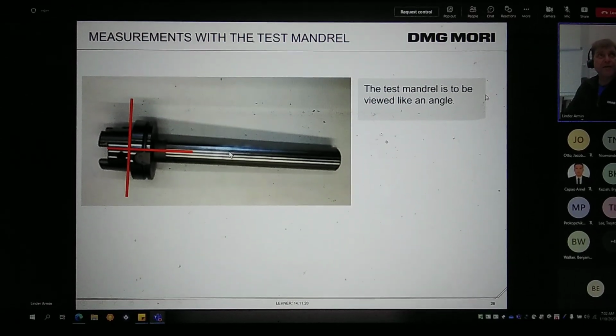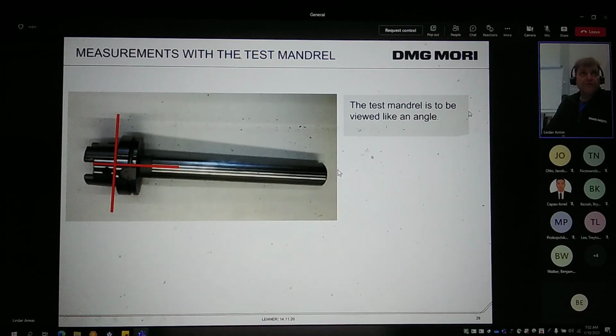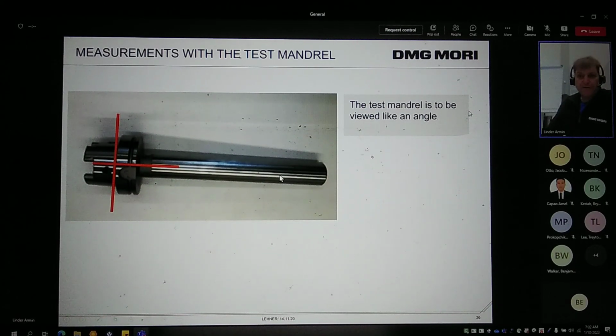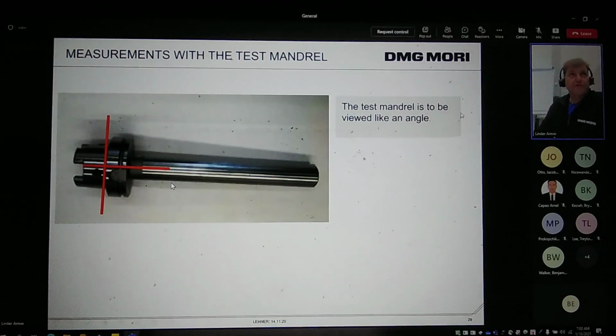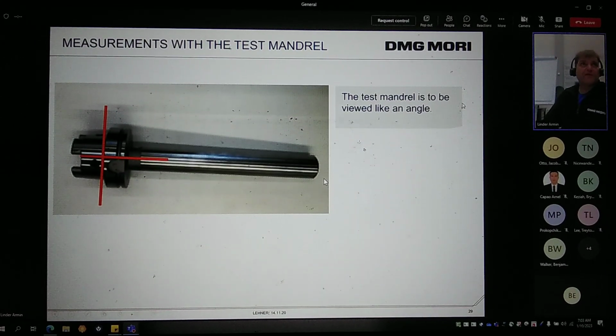90 degrees in that way. That's a ground tool. And also for that tool or for that equipment, you have to be careful about it. If it falls down, you have to measure it because it can have a bad run out or something else. And also you have to be careful that the ground surface is not rusty or damaged with chips or something if you have to use it here.